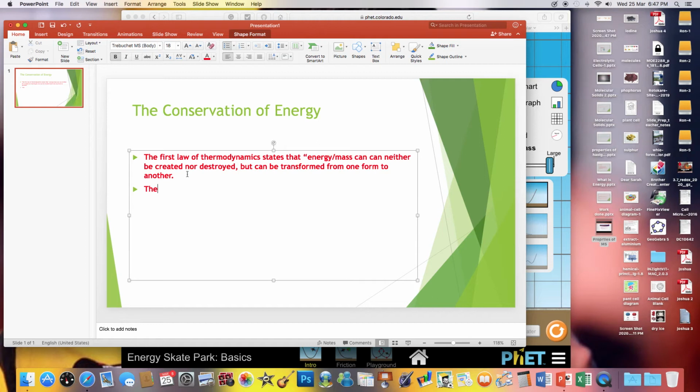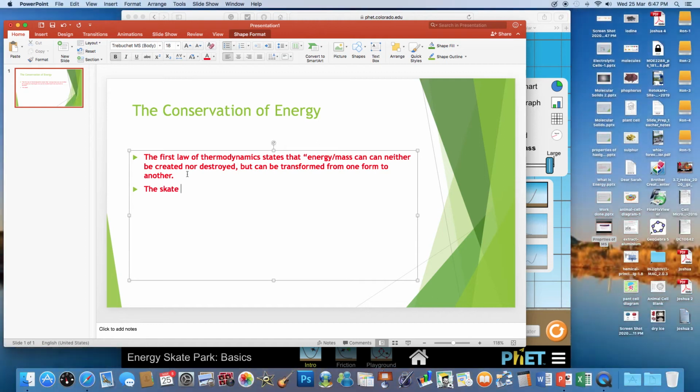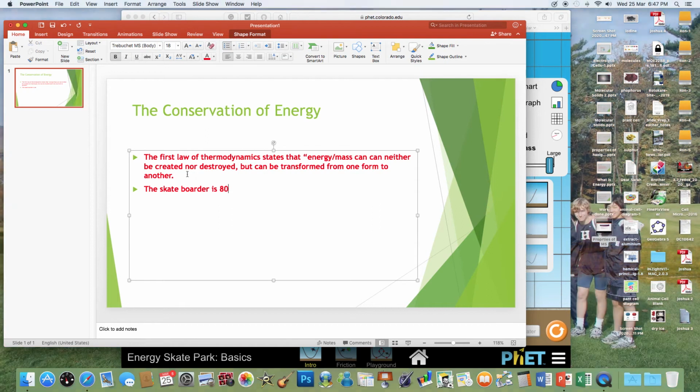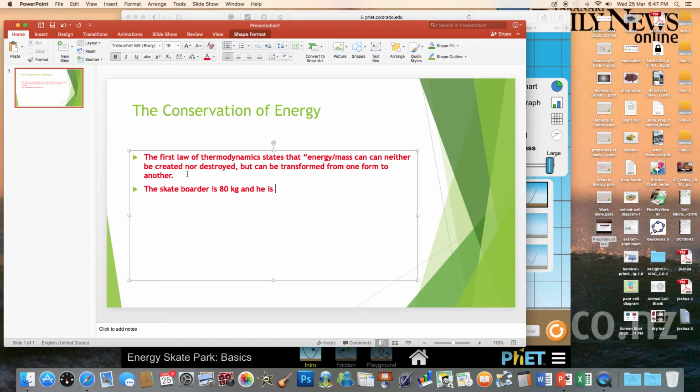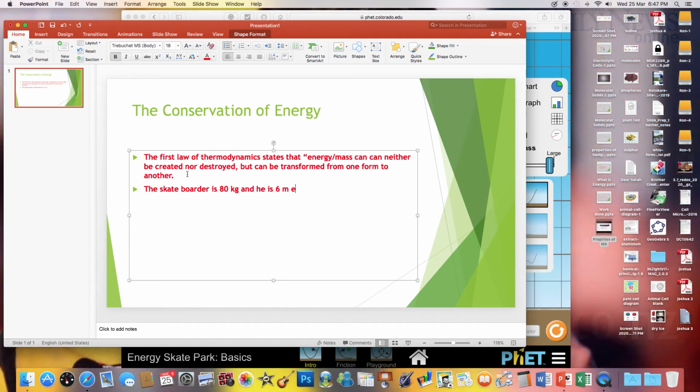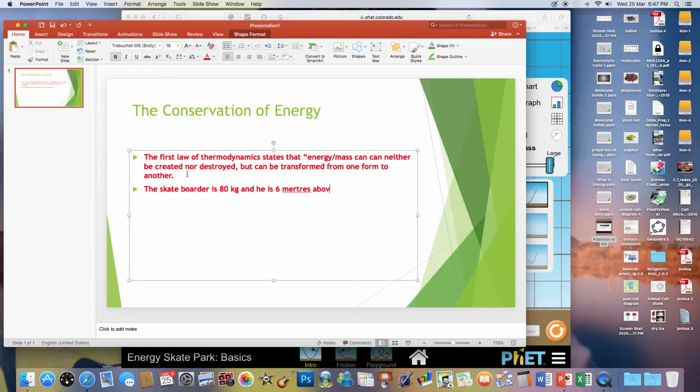So the skateboarder is 80 kg, and he is 6 meters above the ground.